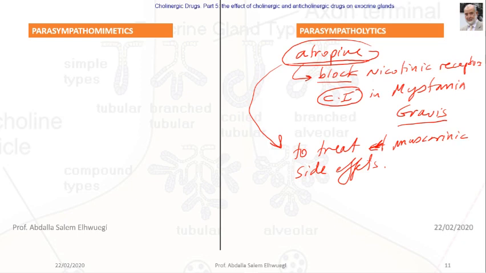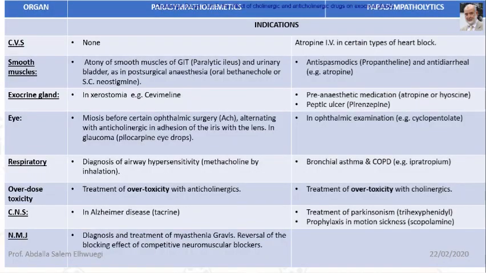So by this we have finished talking about the actions, indications, contraindications, and side effects of cholinomimetics or acetylcholine-like drugs and cholinolytics or atropine-like drugs. Very briefly, I have put all the indications and contraindications in one table.